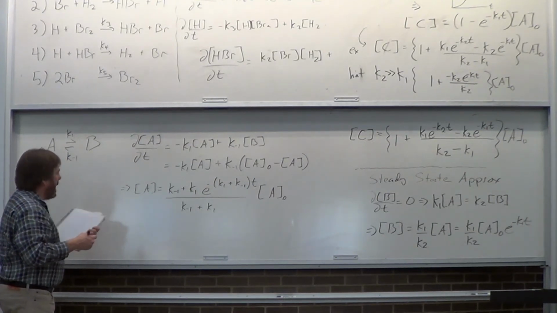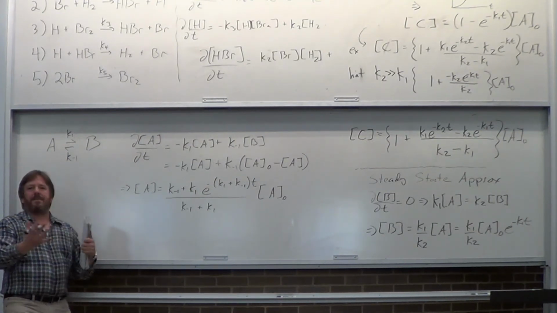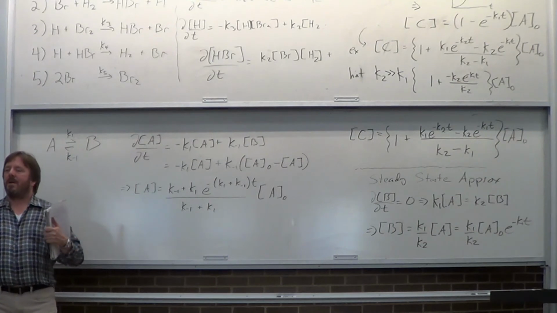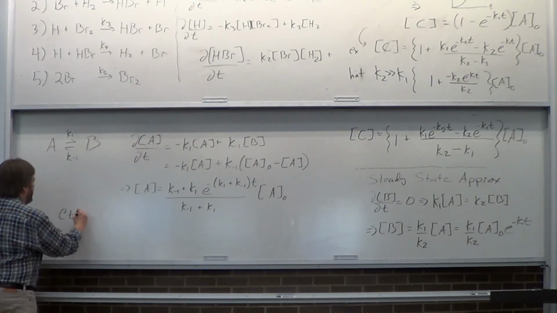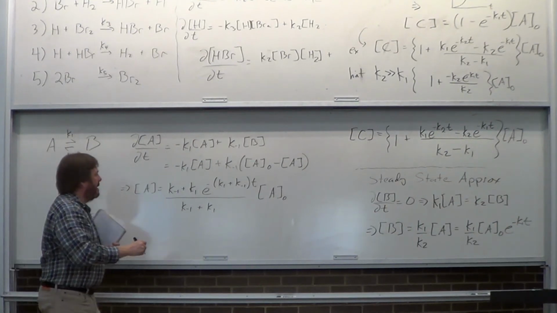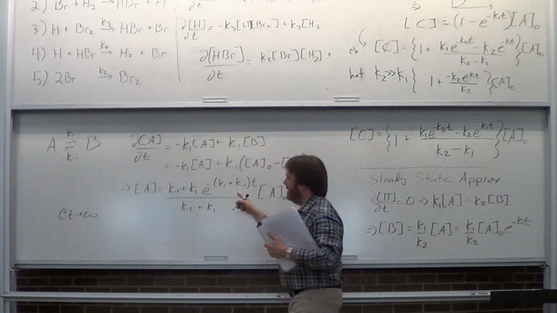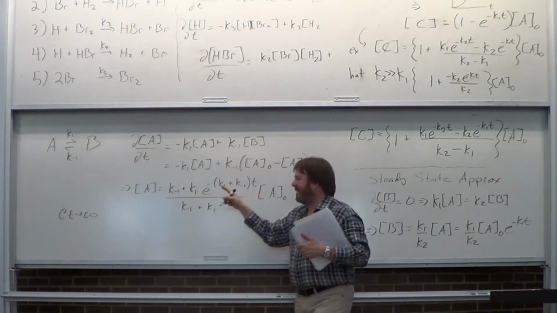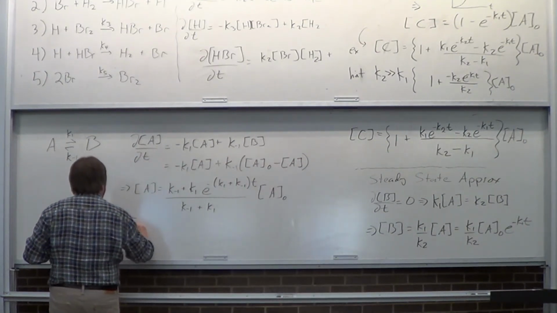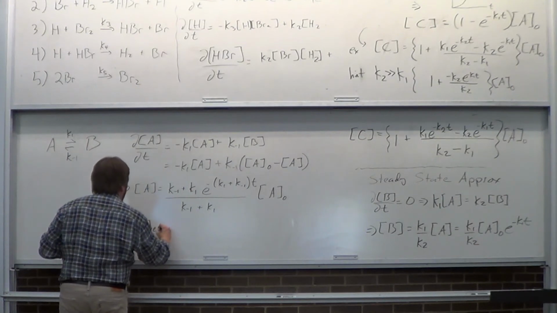Okay, now, awesome. But now we wanted to talk about equilibrium. So as t goes to infinity, what happens? Zero. Right, 0. Now let's call it equilibrium.